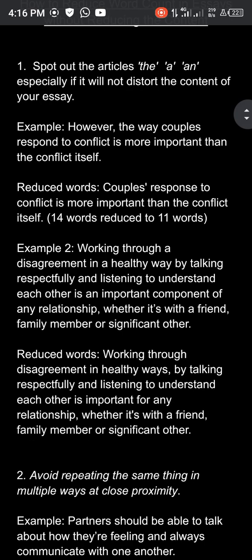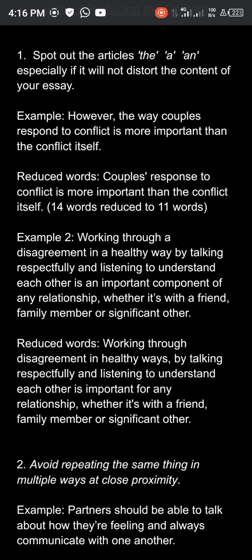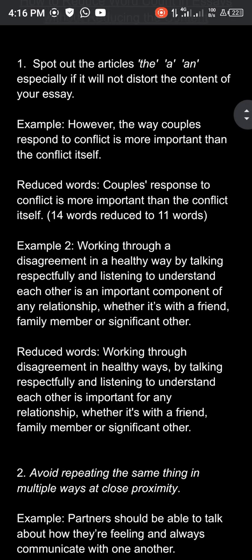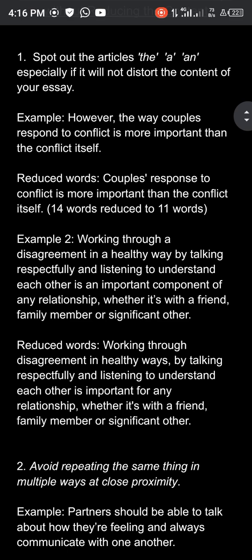That's the example. Now, I reduce this sentence to read: couples' response to conflict is more important than the conflict itself. Are you seeing? So now the words have reduced.